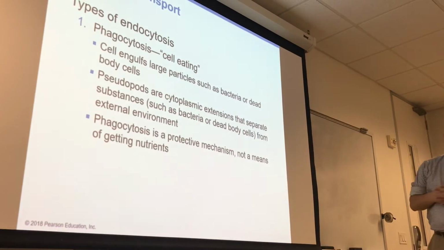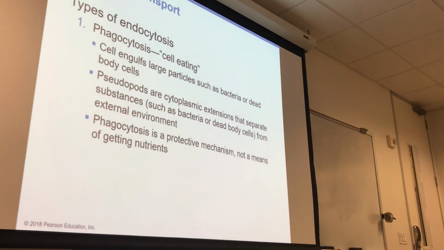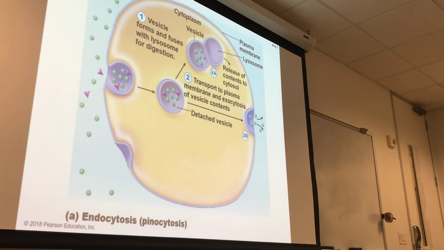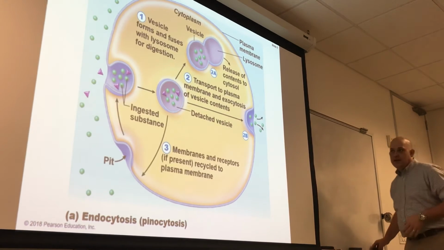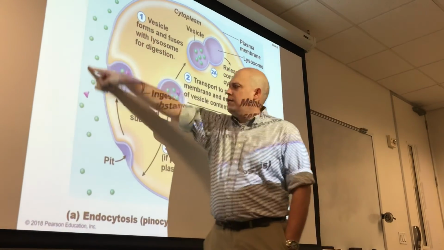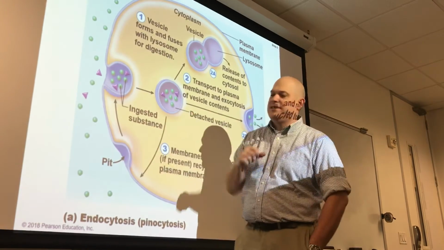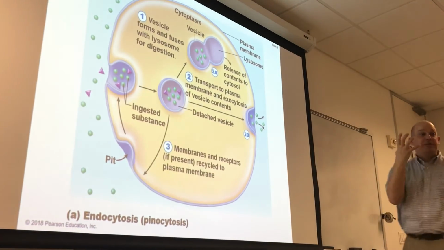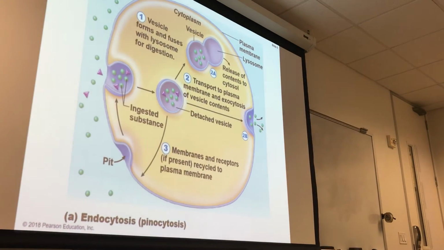And phagocytosis is simply defined as cellular eating. So, to see cellular eating, here's our cell, obviously, and out here are particles that this cell wants to eat. These have to be large molecules.